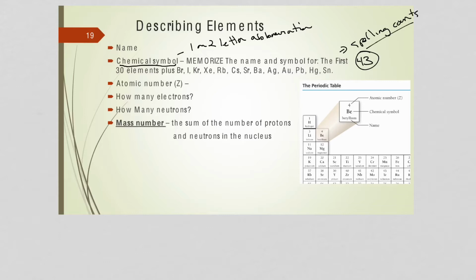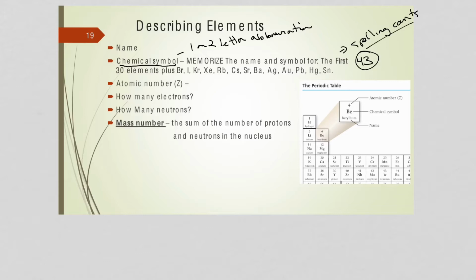And then my guess is you probably know quite a few of these already. And so it's simply a matter of learning the ones we don't. Now, a couple things I'll point out is that when we write a symbol, if it is a 2-letter symbol, the first letter is capitalized, the second letter is not capitalized.